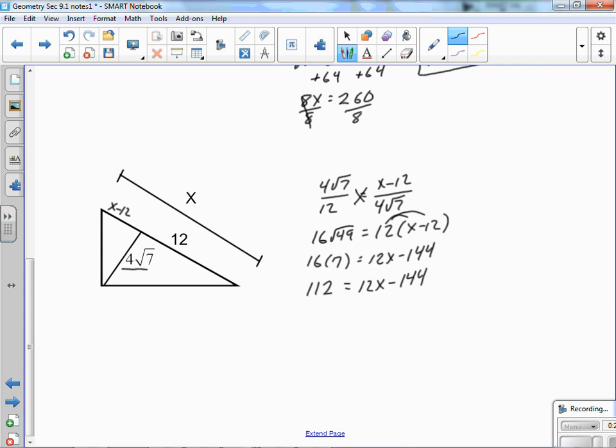And solve for the x now. We add the 144 to both sides. So 256 equals 12x. Divide both sides by 12.